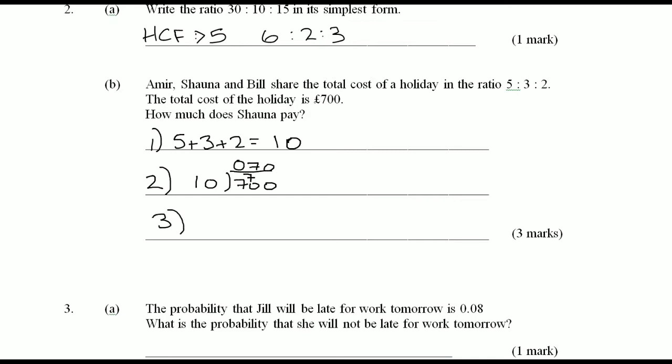So we'll be able to take £10 each time off the 3 people 70 times. So if I know that Amir will have to pay £5 70 times, I also know that Shauna is going to have to pay £3 70 times, and that gives me 210. And as you notice, there's 3 marks for this, so guess what the 3 marks are for? 1, 2, 3.